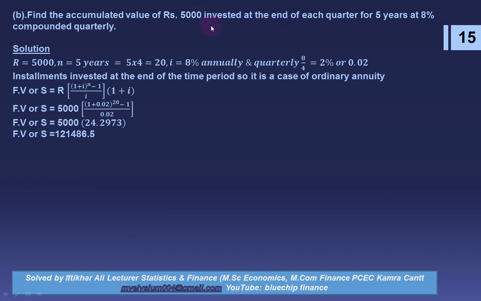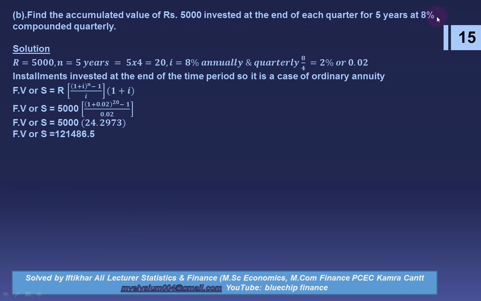Multiple payments exist, so it is the case of annuity. So 5,000 is R, which represents the payment each quarter for 5 years. So it is the case of quarterly. 5 years represents 20 quarters, and 8% compounded quarterly.